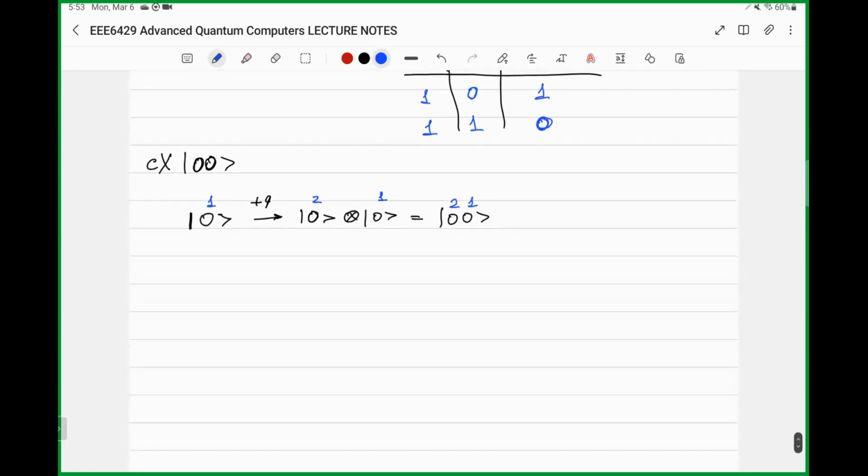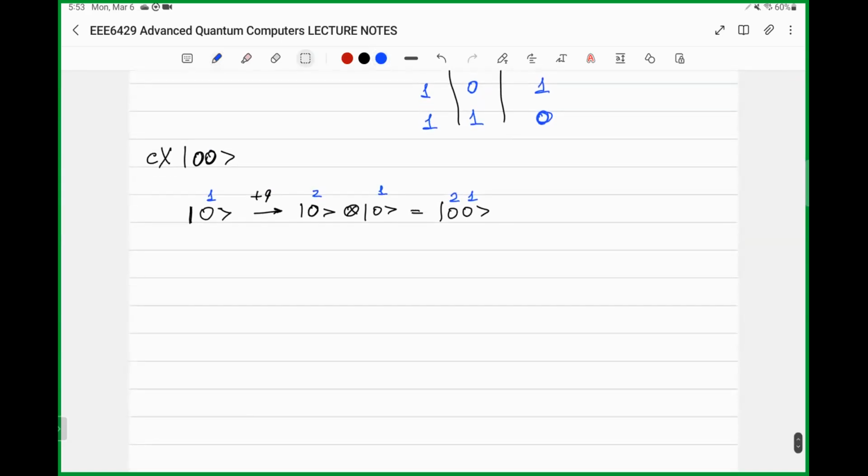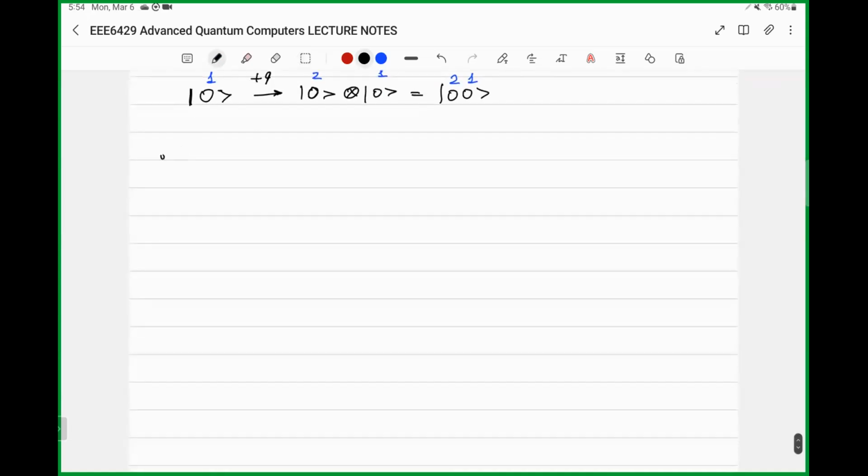So now let's return to this. CX we apply on the state 0, 0. Here we suppose that the first qubit is the control and the target is the second qubit.